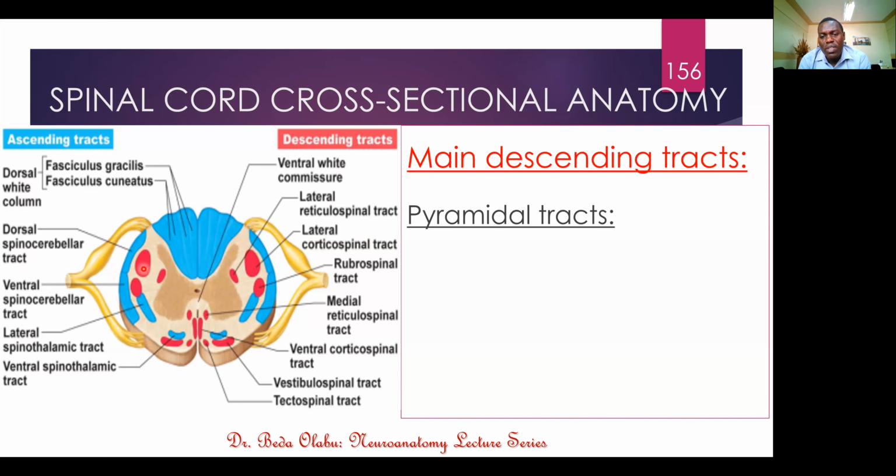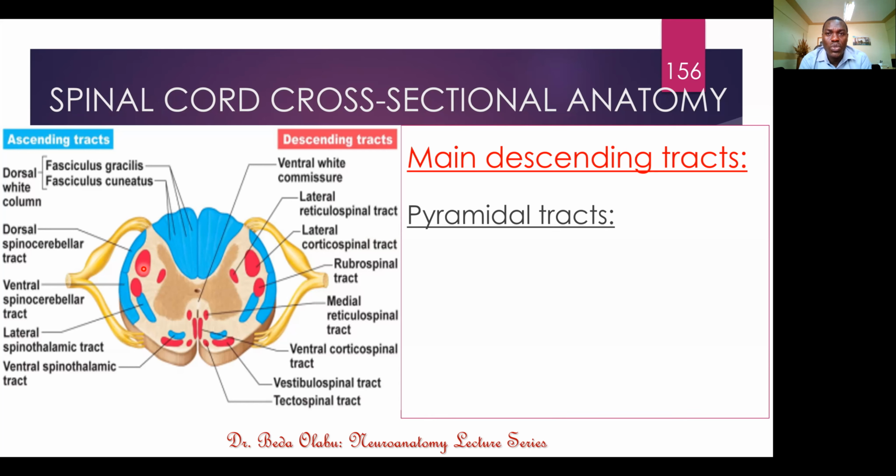The neurons which come from the cerebral cortex, which are called pyramidal, can either come from the cerebral cortex and terminate in the brainstem. Those ones are known as corticonuclear. Of course, we will not expect those ones now in the spinal cord because they just end in the brainstem.